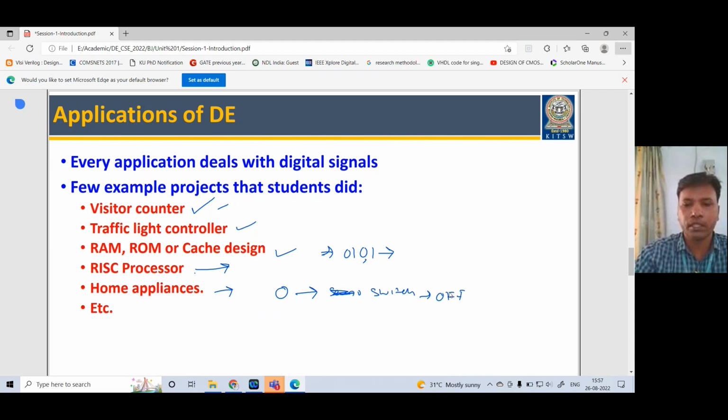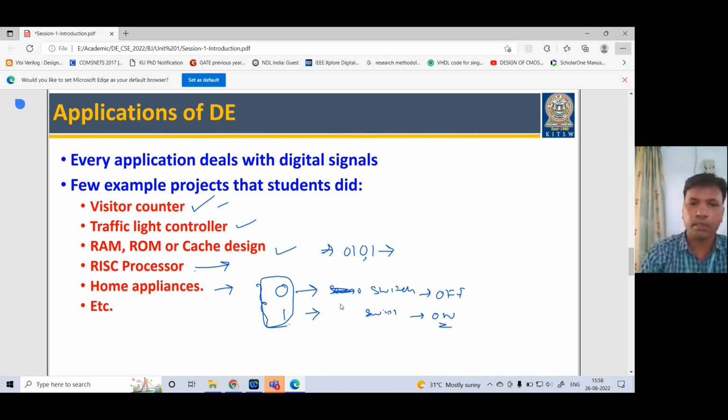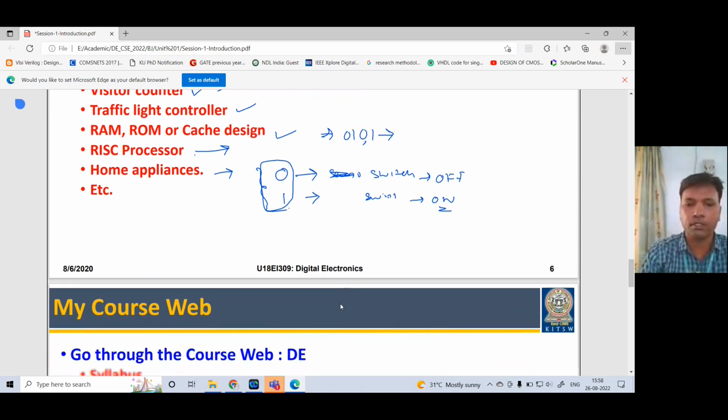That means the supply to the geyser or water purifier gets turned off. If you are giving logic 1, then the switch will be on, and the corresponding purifier or geyser gets turned on. This is how digital concepts are used in real world applications. There are so many applications related to digital electronics.